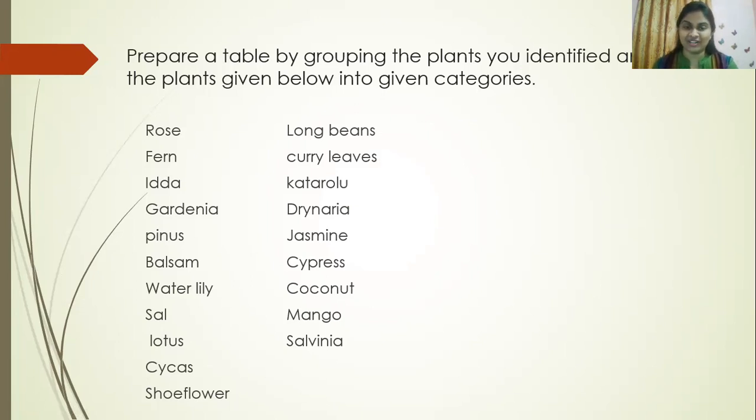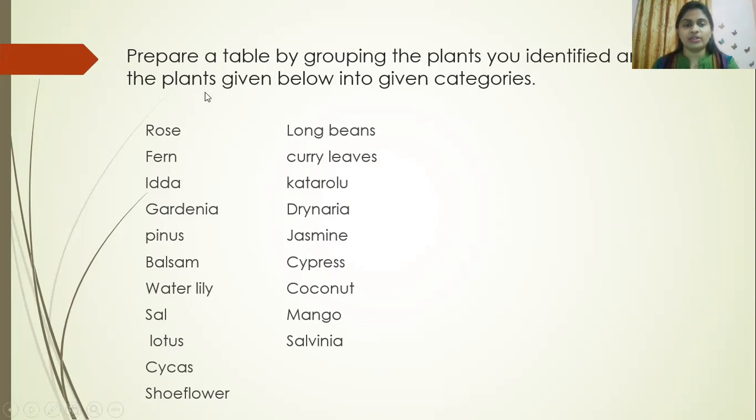Just now do it. I want you all to do it just now, otherwise you will forget to do it later. Take a book, or for now, just take a piece of paper at least. Divide it into 2 columns as flowering plants and non-flowering plants, and put all these examples into each of the categories.